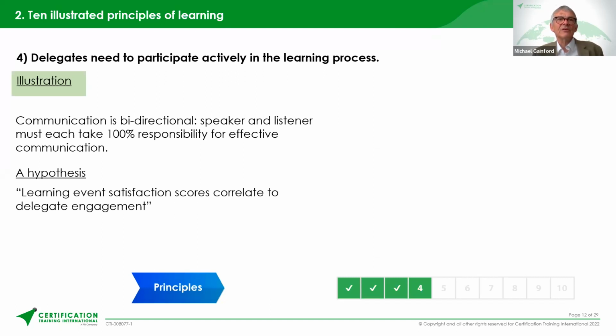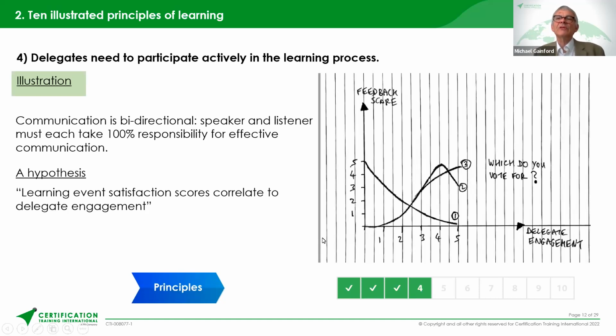In other words, I tend to get high scores from the people that interact the most. That's nothing I've done, that's what they've done. They've engaged more and therefore they've got greater course satisfaction or satisfaction with the overall event.